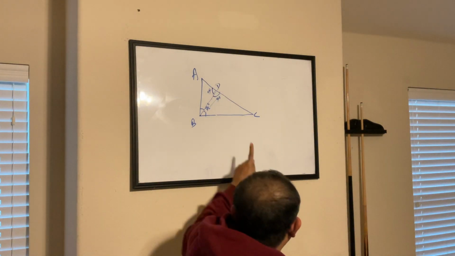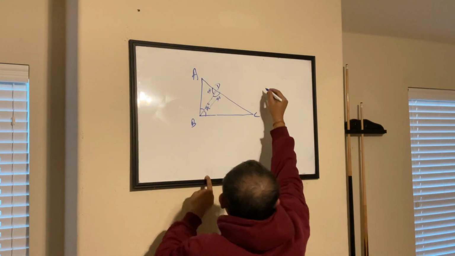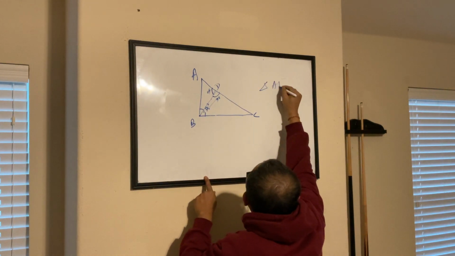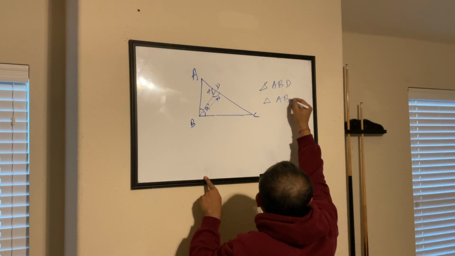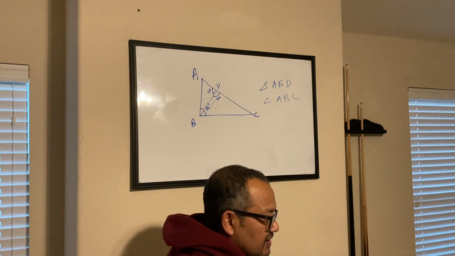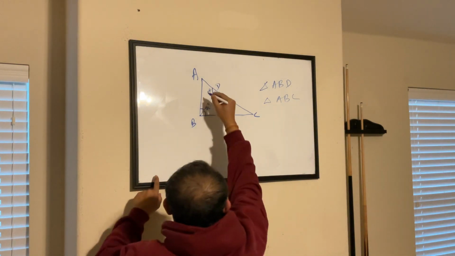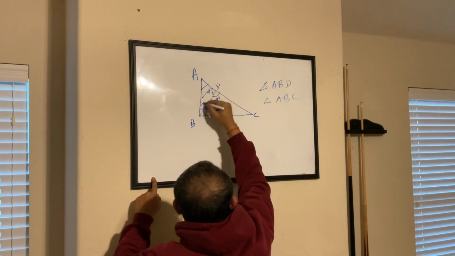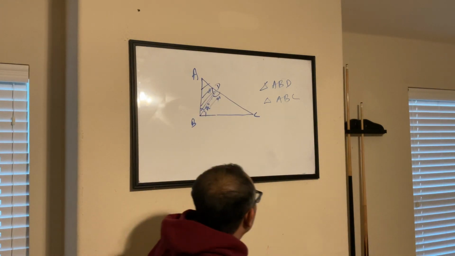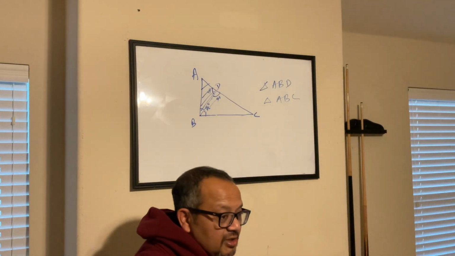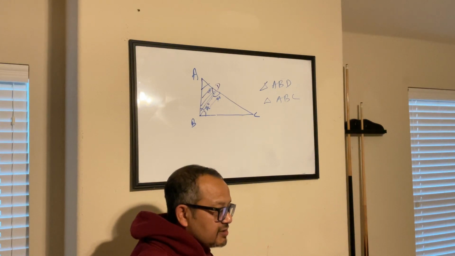Now I'm talking about triangle ABD, this highlighted one, and then the bigger triangle ABC. I'm saying these two triangles are similar. Do you guys agree?